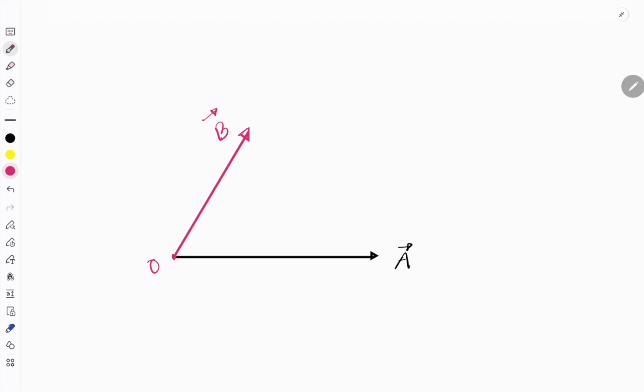If vector A and vector B act at the same time, then my resultant would be towards the diagonal, so let me draw a parallelogram using these two lines.